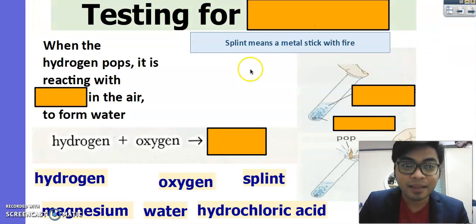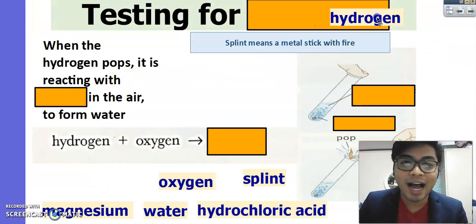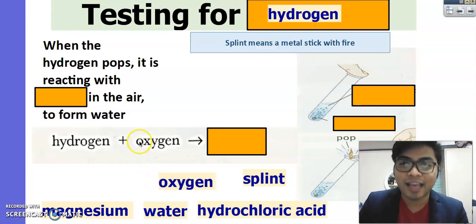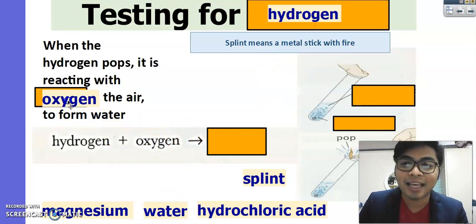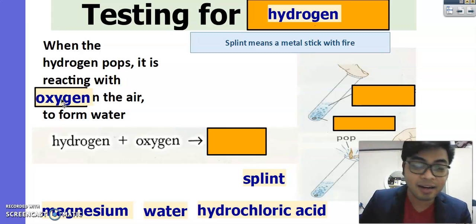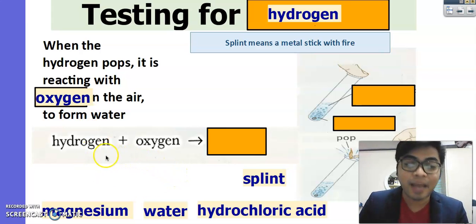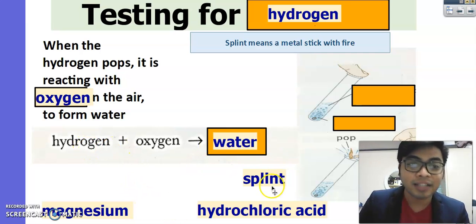To test for hydrogen, a splint will be used, which means a stick with fire. When the hydrogen pops, it is reacting with oxygen in the air to form water. So the chemical reaction is hydrogen plus oxygen equals water.